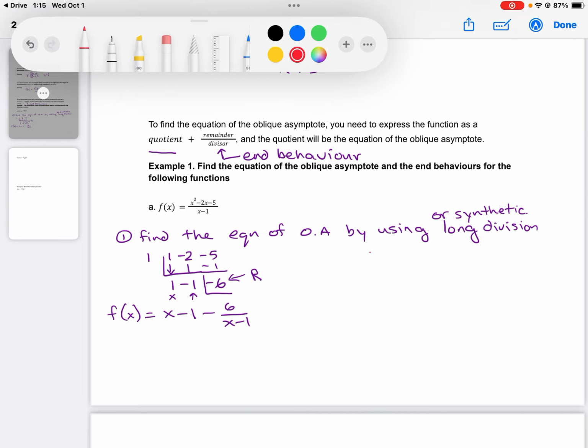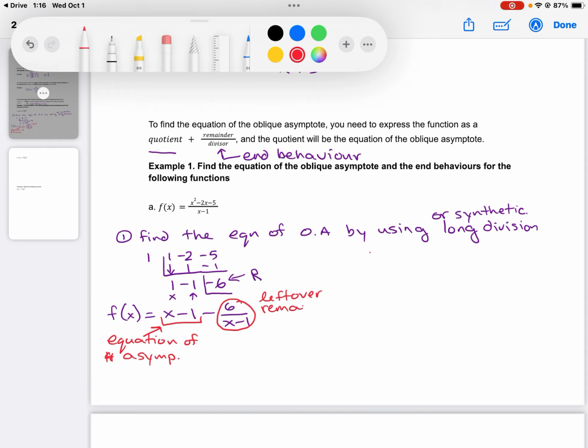So if I change my color here, I'm going to note that this first part is the equation of my asymptote. This part right here is the leftover.